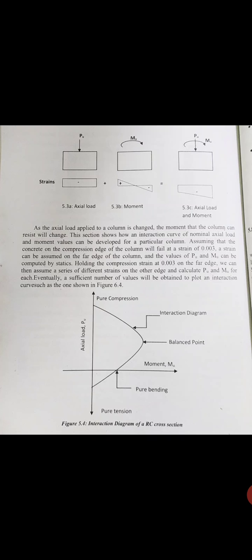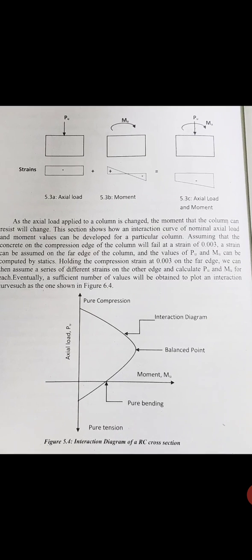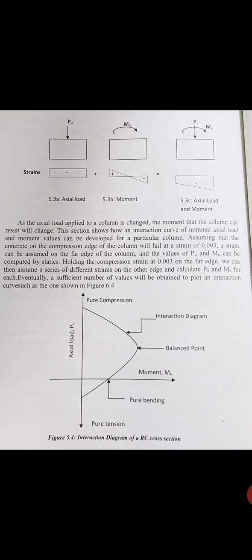As the axial load applied to a column changes, the moment the column can resist will change. This section shows how the interaction curve of axial load and moment values can be developed for a particular column. Assume that the concrete on the compressive edge of the column will fail at a strain of 0.003.